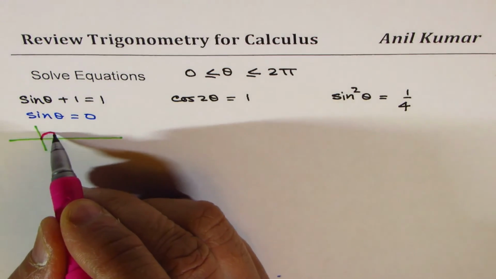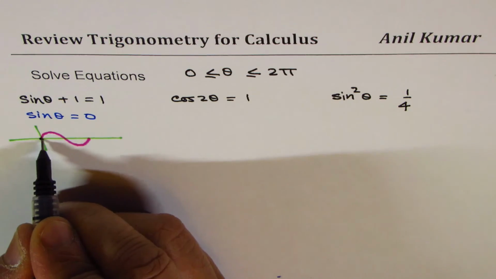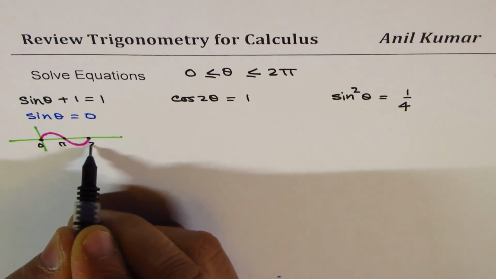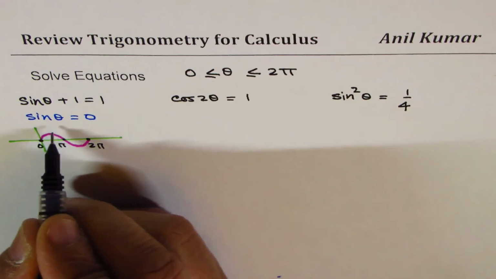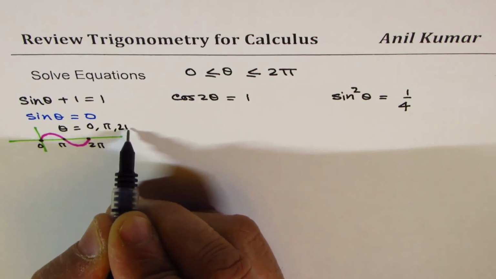The sine curve basically is like this, as you know, with a time period of 2 pi, and it has 3 zeros. These are your 3 zeros, and they are at 0, pi, and 2 pi. And therefore, the solution is theta equals 0, pi, and 2 pi.